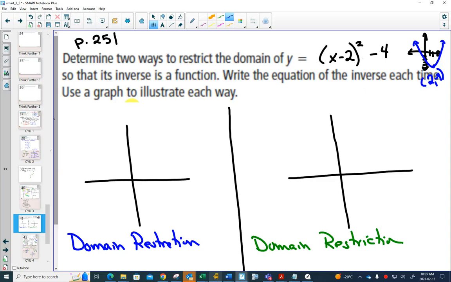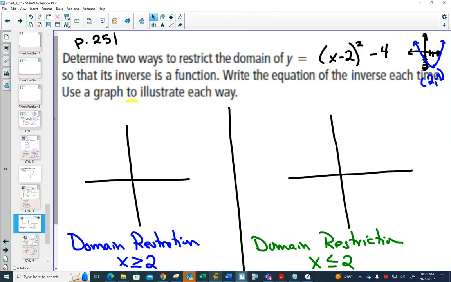So it has to pass the horizontal line test. You will always use your vertex to restrict your domain. So this time my vertex is at 2, -4. So for my blue one, I'm going to take x is bigger than or equal to 2. So I'm going to take the right half. And for the green one, I'm going to take x is less than or equal to 2. That's the left half.